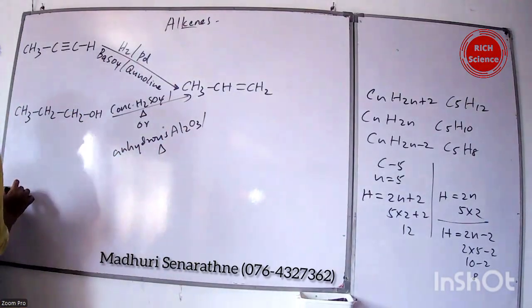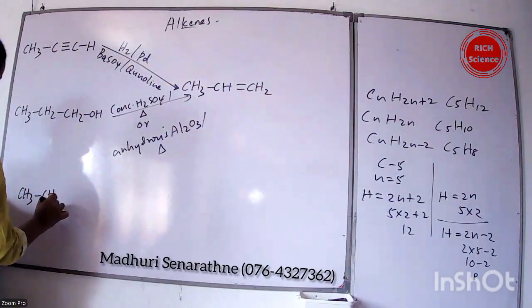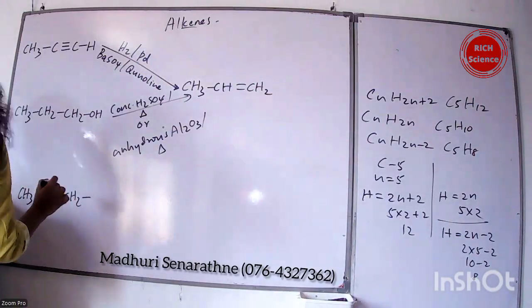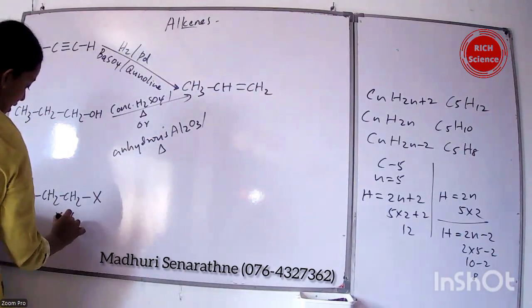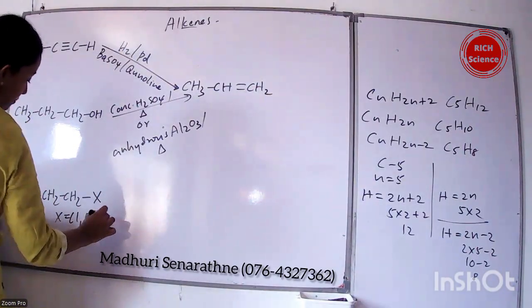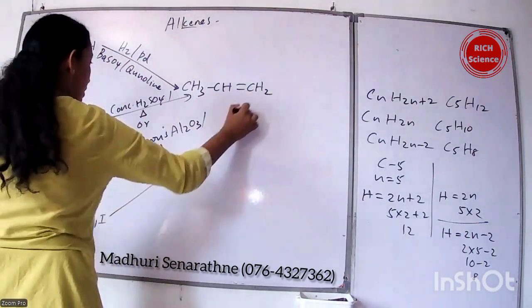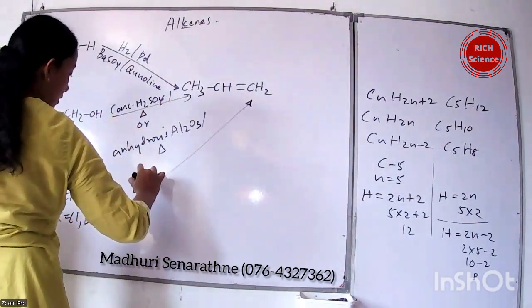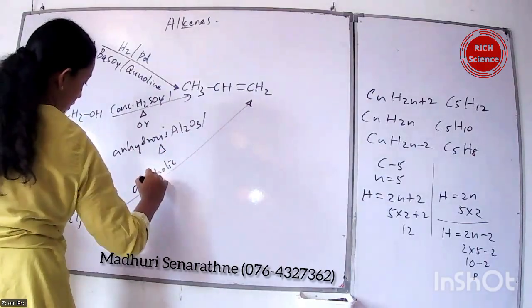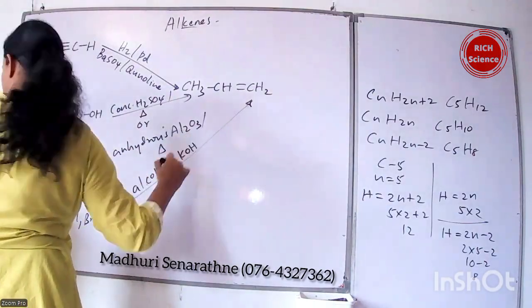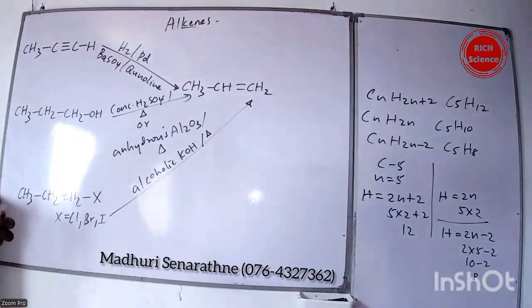Next, we can use an alkyl halide CH3, CH2, CH2, X. X means Cl, Br, or I. Reagent: alcoholic KOH. That is how alkenes are produced.